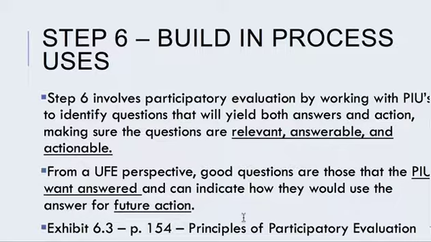So you could use this list of 9 things of participatory evaluation as a part of the program readiness assessment to see what type of evaluation should be undertaken and guide UFEs in their thinking of collaborative evaluation. So I encourage you to take a look at that.